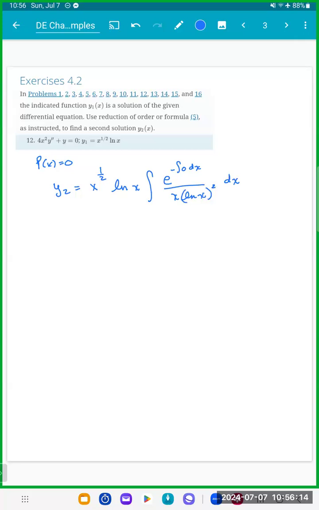Okay, so when we simplify this, we have our x to the 1/2 ln of x. We have -1 over ln of x. And simplify that a little bit further, we get negative x to the 1/2. Okay, so our second solution then would be y2 equals negative x to the 1/2.